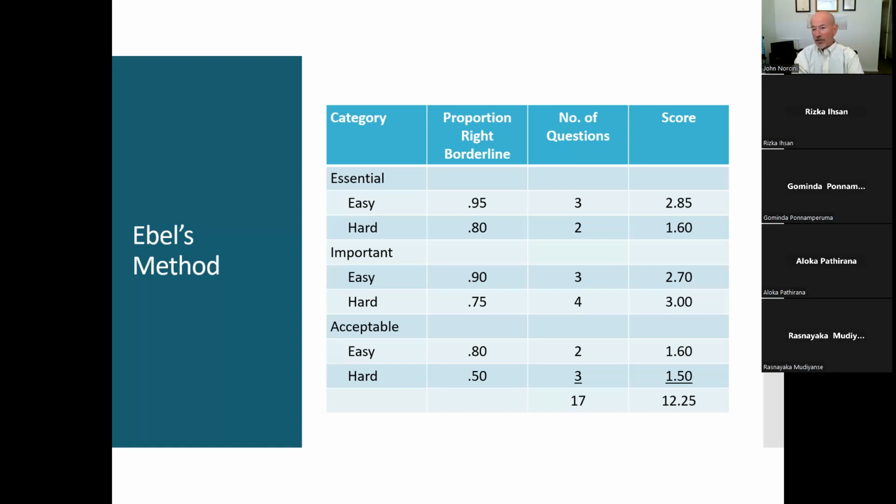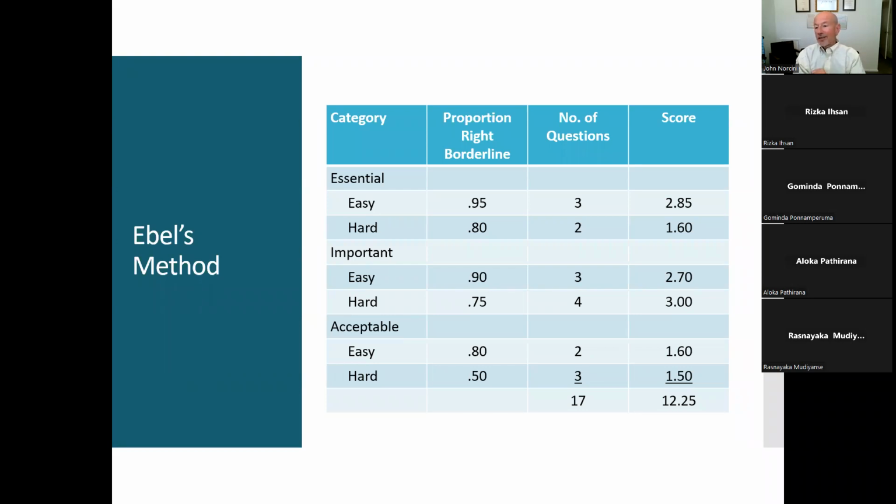And if you look at these, all essential items are also important and acceptable, but they're essential. And so that's the level at which the item is categorized. The other thing to keep in mind is that this is an example in terms of categories, and you can make up whatever categories you want in this method. There's nothing about this that is set in concrete or set in stone.